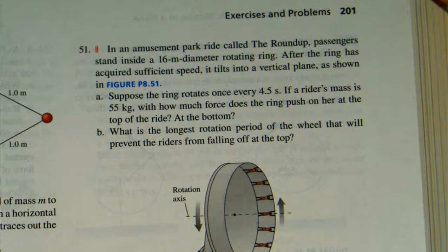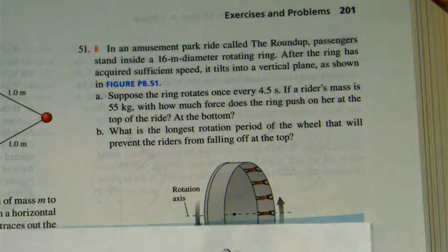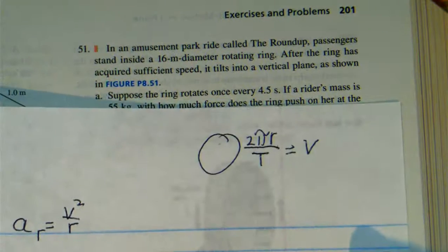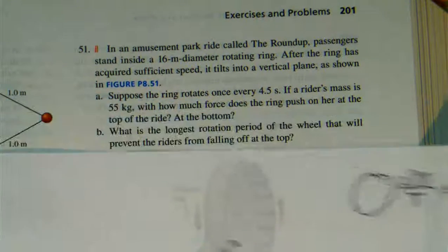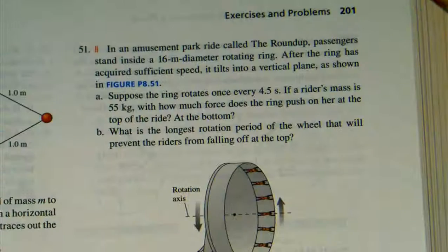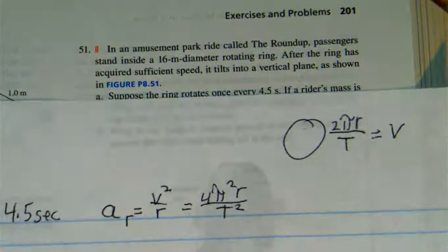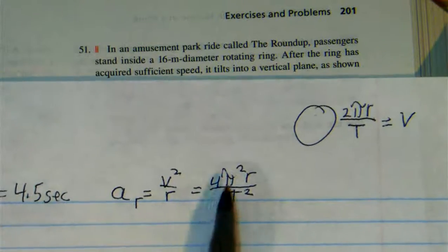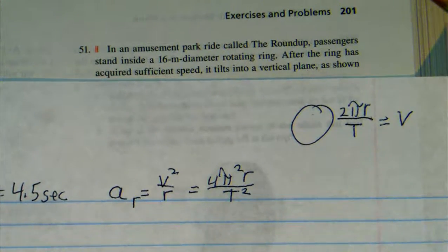Or in other words, v equals 2 pi r divided by T, the period. So that means I can rearrange a sub r equals v squared over r, and instead write that as 4 pi squared r divided by T, the period, squared. Radial acceleration is 4 pi squared r divided by T squared.